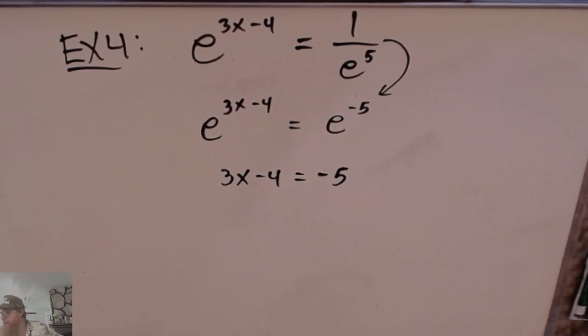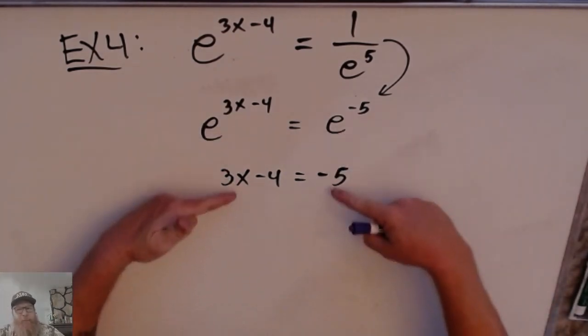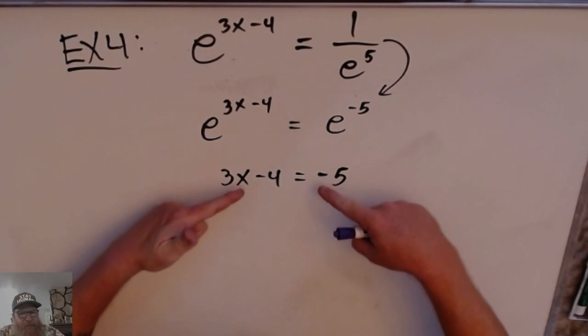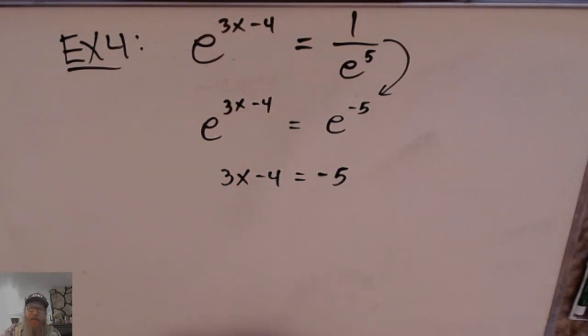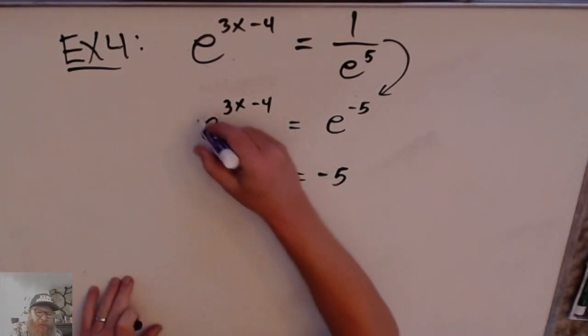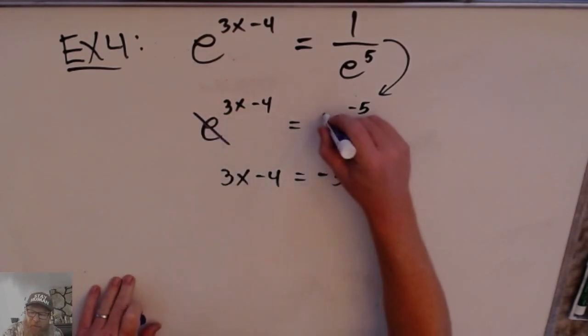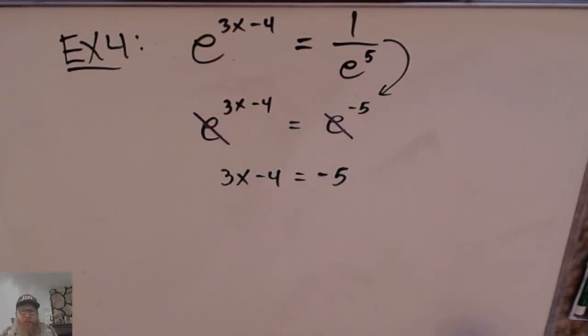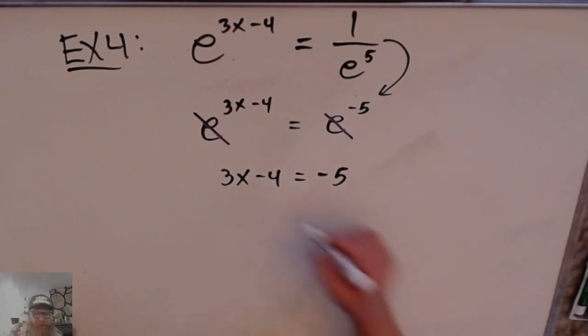Now, I don't know how you feel about this step here. Sometimes people feel like this step is just a leap of faith. So I'll give you something to do to make you feel like it's not just a wish. You can cancel the bases on both sides.